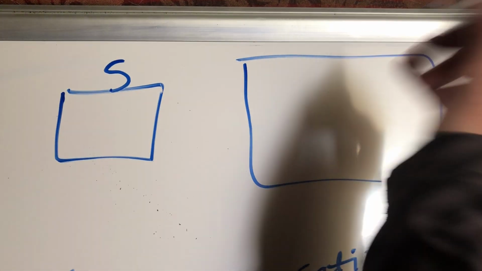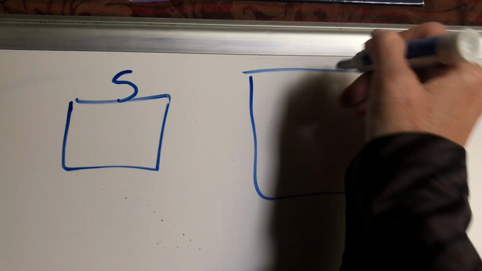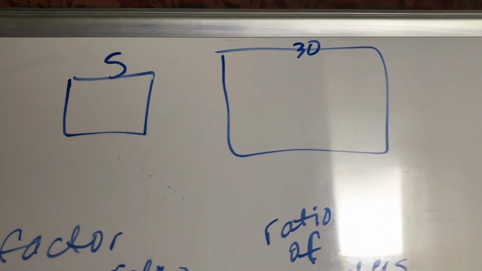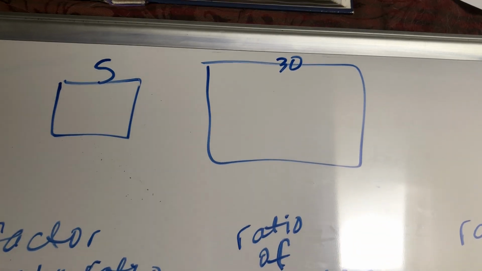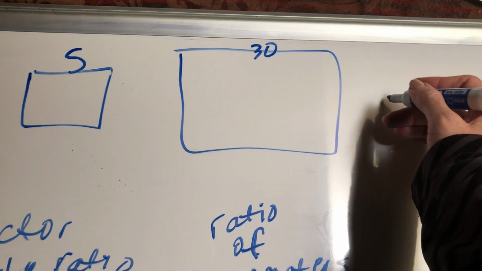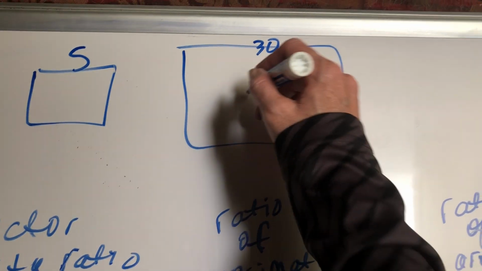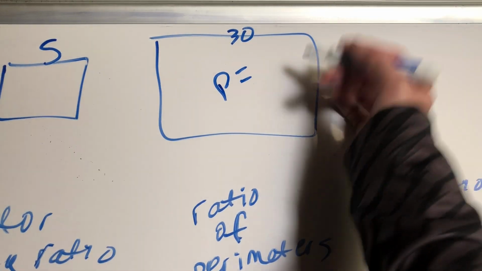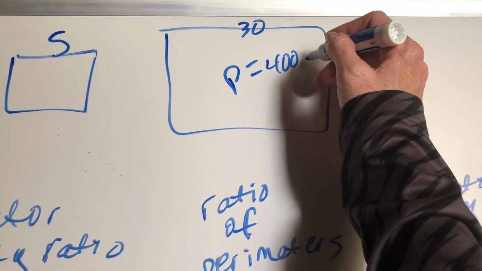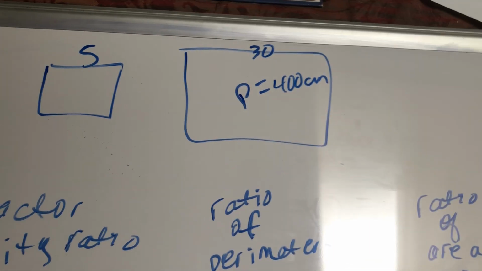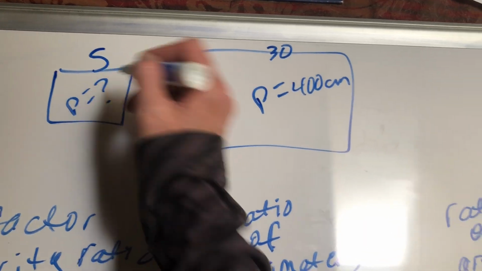So there's 5 and 30. I'll make an interesting one here in a minute. So the perimeter of the bigger one is, say, 400 centimeters. That's the perimeter of the bigger one. We want the perimeter of the smaller one.